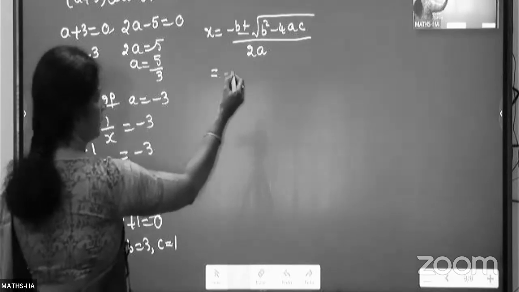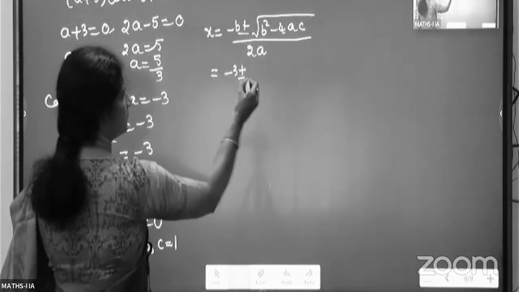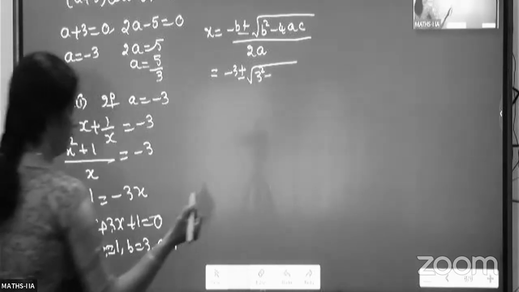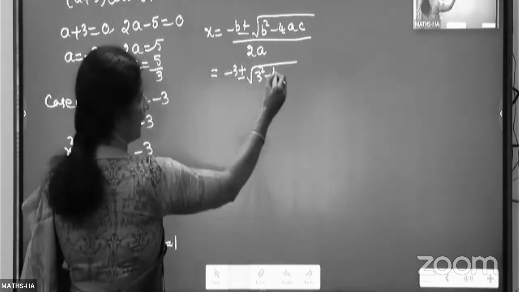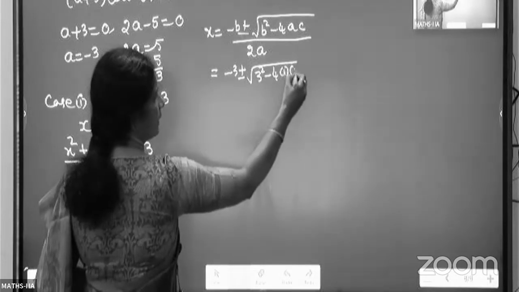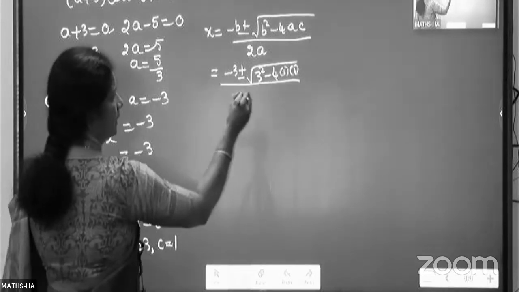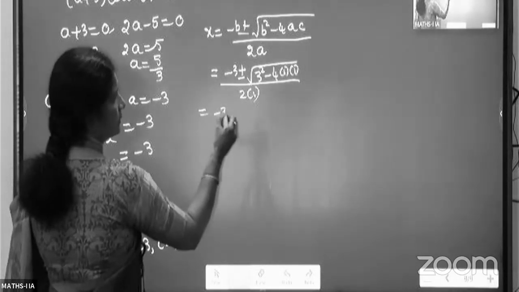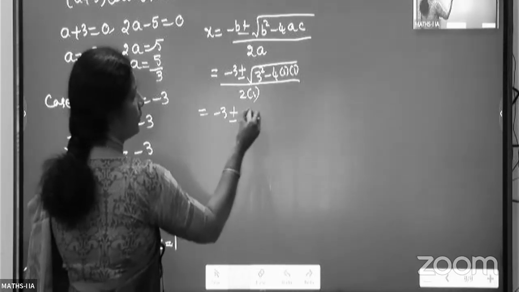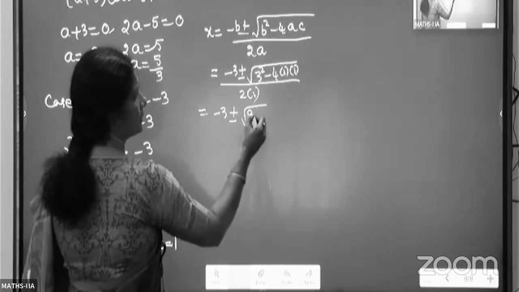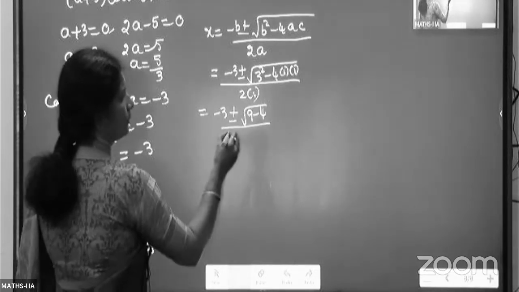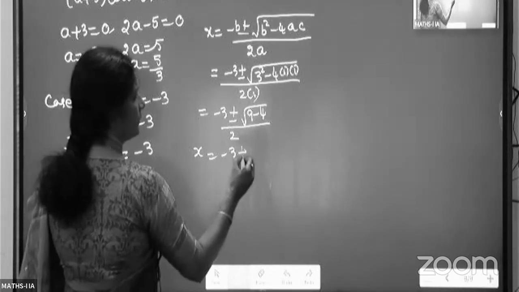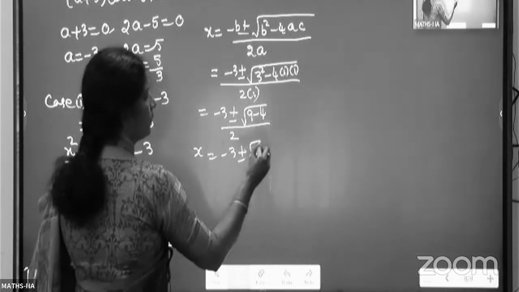Minus 3 plus or minus under root 3 square minus 4ac. 4, a value is 1, c value also 1, by 2a. 2 into a is 1 again. Minus 3 plus or minus under root of 9 minus 4, by 2. So x is equal to minus 3 plus or minus under root 5 by 2.